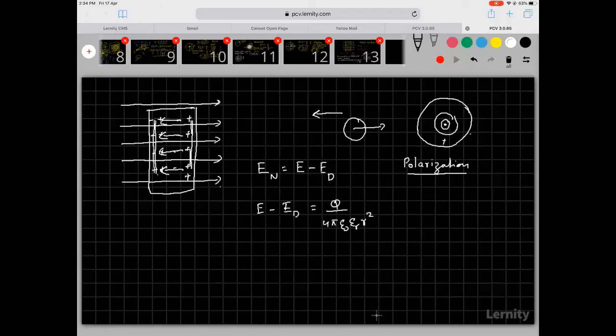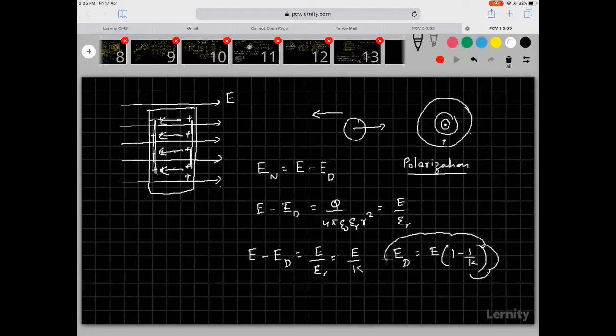This is nothing but E by E_R, which we can also write as E by K. So E minus E_D is equal to E by K. Here I can say that E_D is equal to E into (1 minus 1 by K). That means if the external field is E, the field because of polarization in the dielectric is equal to this much. This was a question which came in a JEE Mains paper.